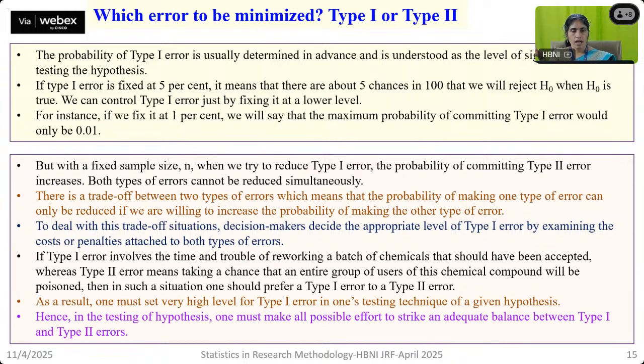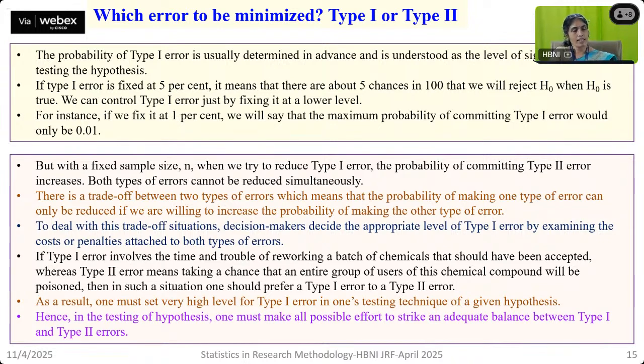If we fix alpha at 1%, that means you are reducing the upper tail portion of the lower curve, and then you will see that the beta error starts dominating over the other one. So if you can afford an increased beta level, then you may move the dotted line to a higher level.